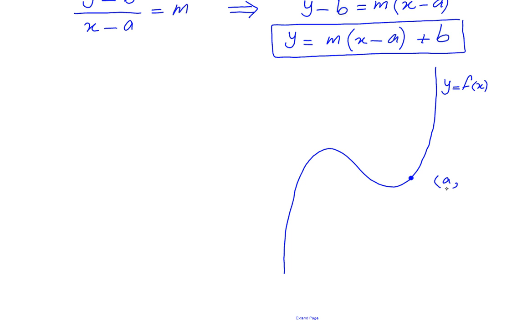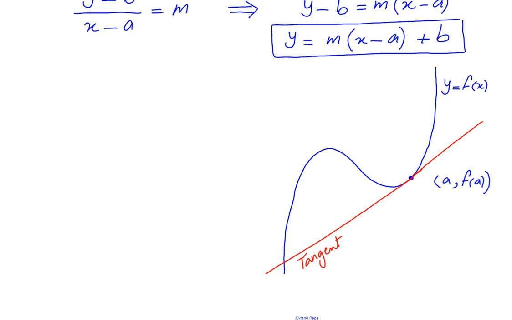So if the x coordinate is a, the y coordinate would be f of a. So at this point here, let's say that there is a tangent to the curve. The tangent that touches the curve at this point here, (a, f of a). How do we find the equation of this tangent?